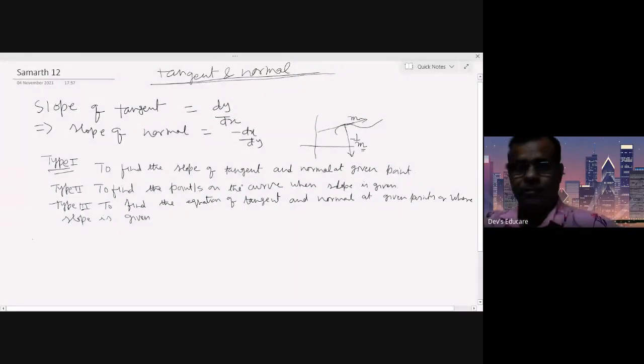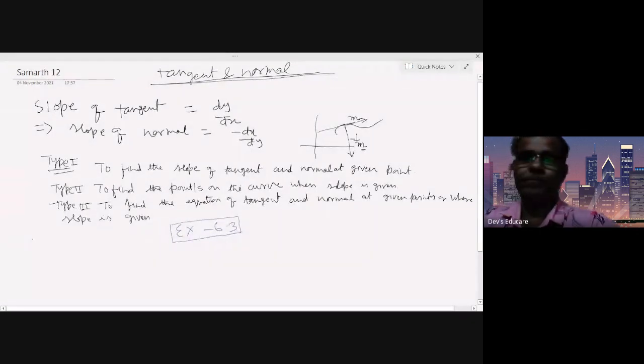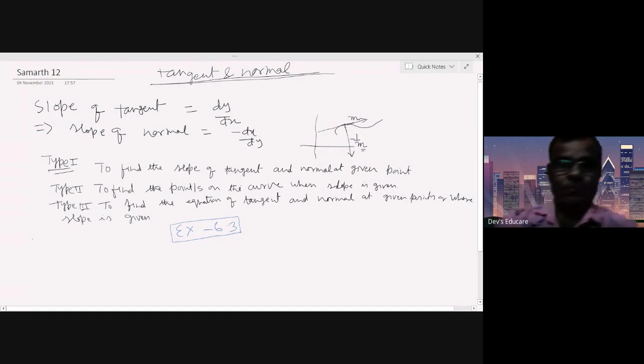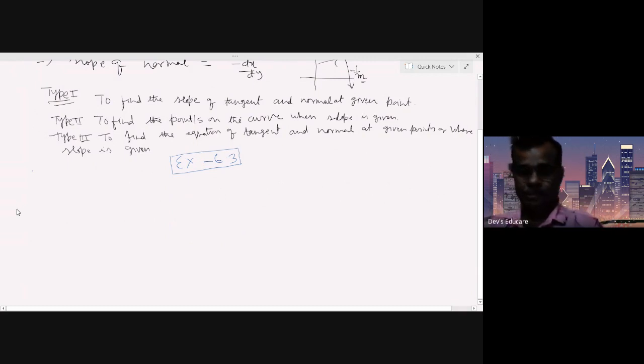Now we'll be doing exercise 6.3. Turn over the page for exercise 6.3 and we'll be doing the first question.